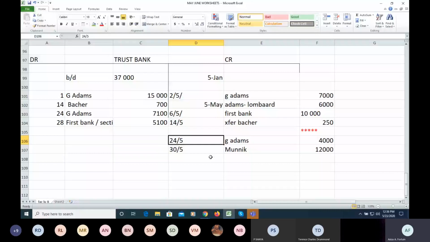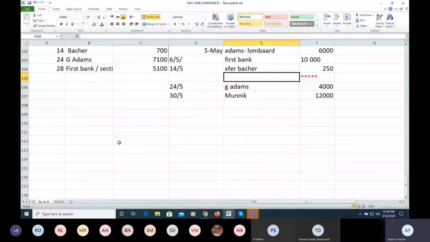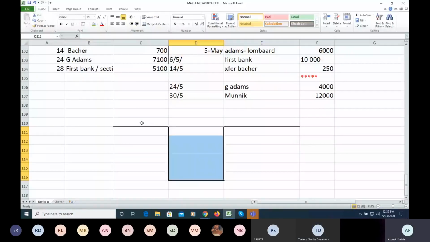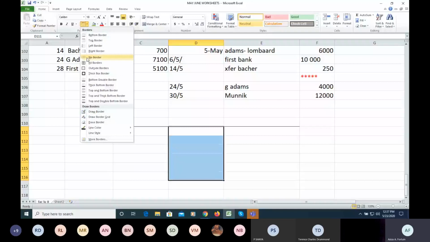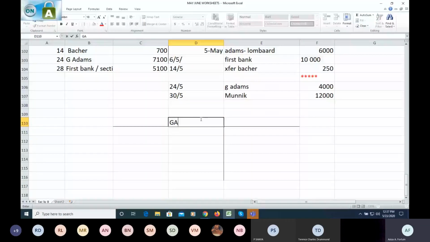Now I want to do day 24. The divorce case was settled, and Candace levied a fee of 4,000. So I just want to draw a T account here for G Adams' account, because we now want to know, and this is a trust creditors account.